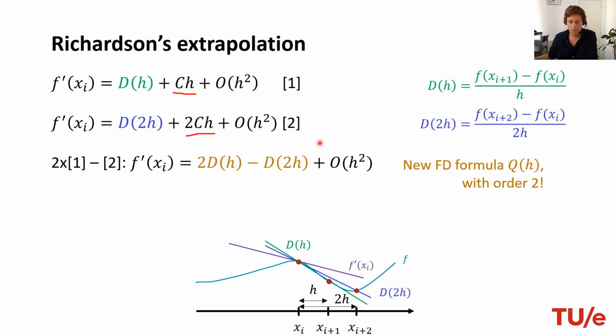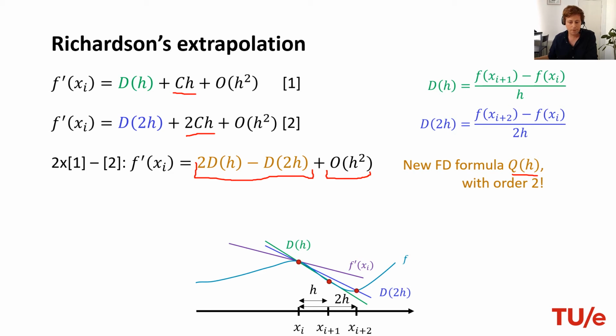So you see now that if we consider this new formula, this is a new finite difference formula, and we can call it Q of h with order 2, because this error term is proportional to h squared, so it is of order 2.